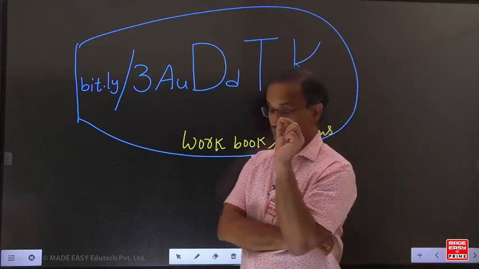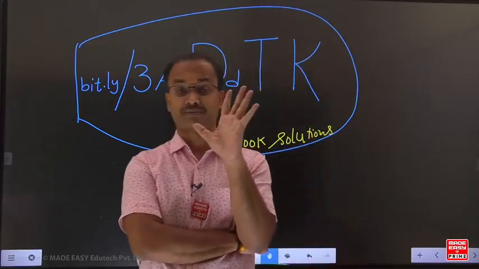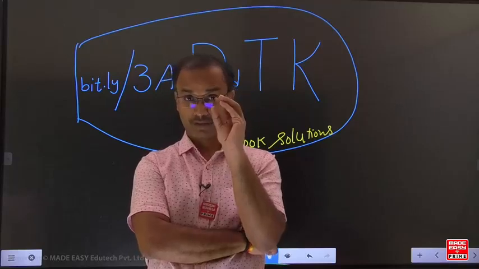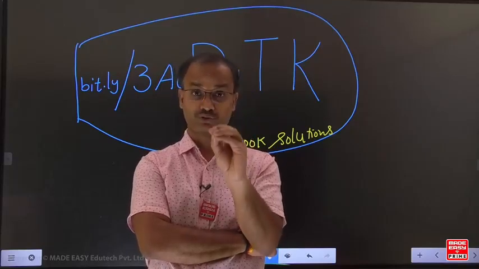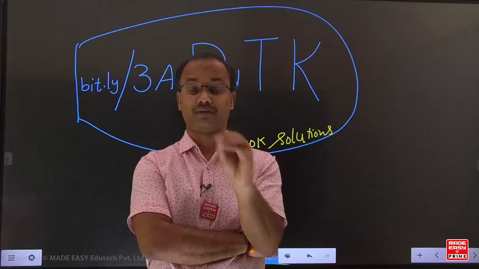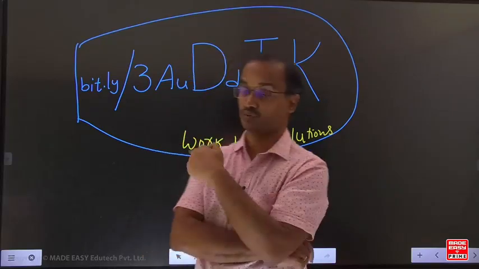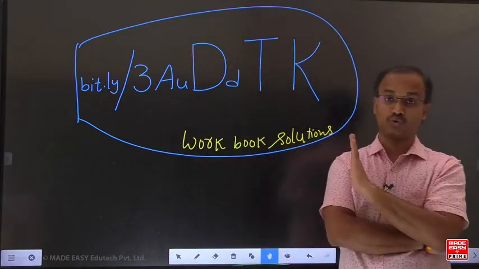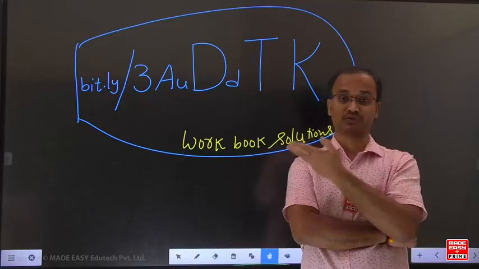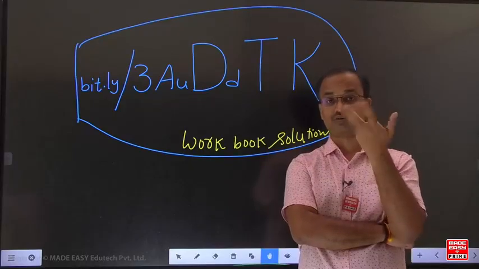Remember, I am providing the workbook solutions only for reference purposes. While revising, apply your own thoughts to the workbook questions, and later only verify your solution. Don't see the solutions immediately. If you see a solution immediately, there is no use of this.